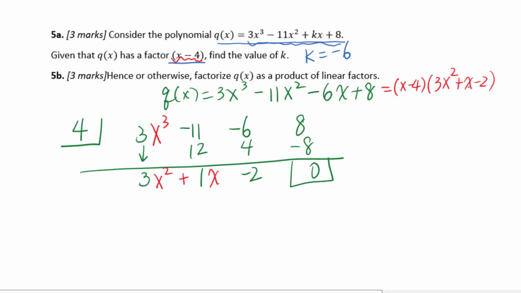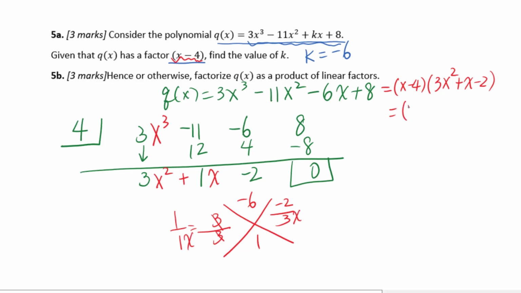For 3x squared plus x minus 2, we will do a cross factoring: 3, negative 2, 1 over 1, x, x.